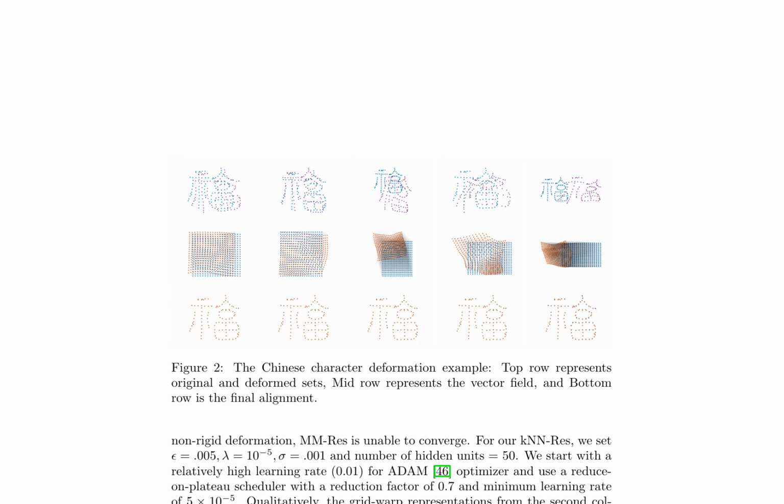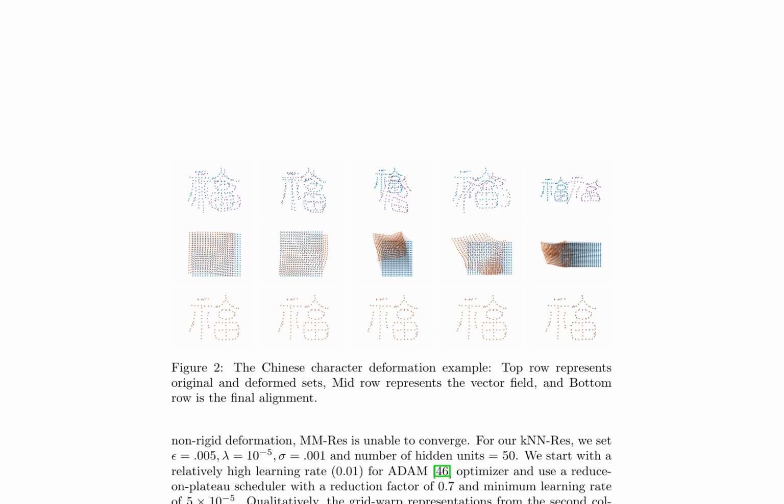Figure 2 illustrates the Chinese character deformation example, showcasing the original and deformed sets, vector field, and final alignment. In this example, the author's kNN-Res approach outperforms MM-Res in handling non-rigid deformations, successfully converging with a set of hyperparameters E equals 0.005, lambda equals 10 to the power of 5, sigma equals 0.001, and 50 hidden units.